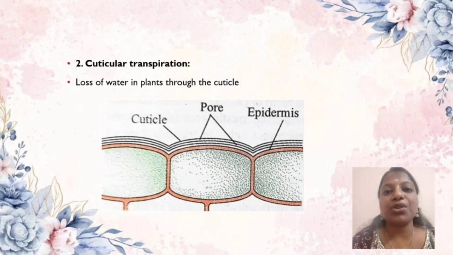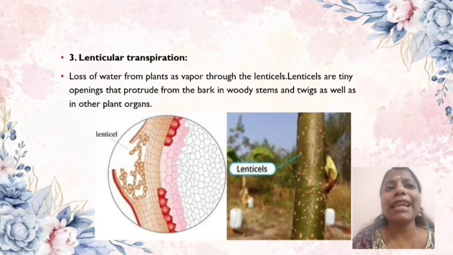And next we are going to see about lenticular transpiration. This is the transpiration that occurs through lenticels. A lenticel is nothing but a tiny opening which protrudes from the bark or twig of the plants.